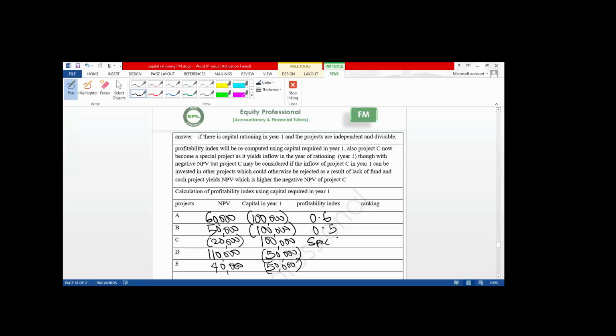Special project. 110 divided by 50, the capital required in year 1 for project D, 2.2. 40 divided by 50, 0.8.